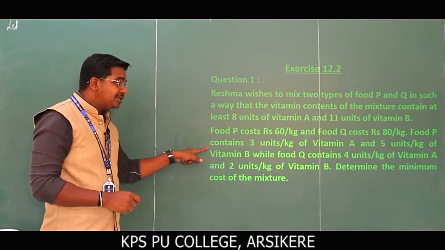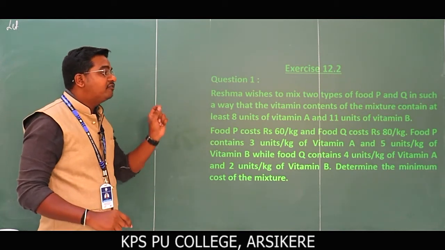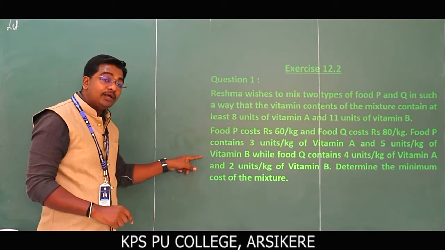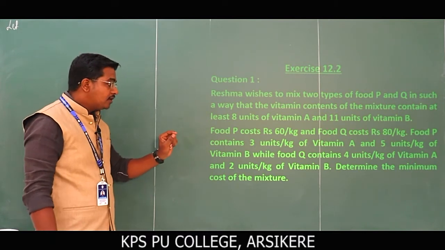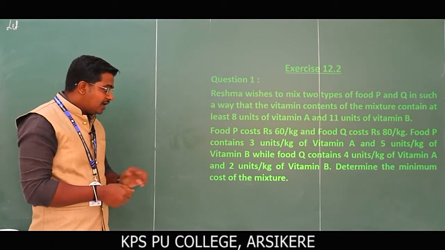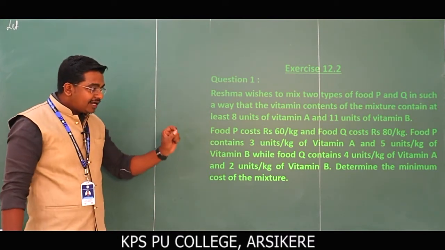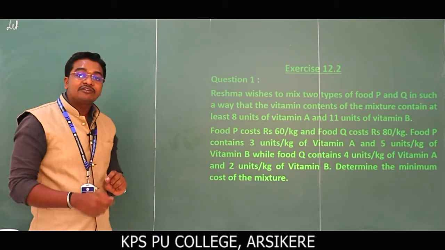Food P contains 3 units per kg of vitamin A and 5 units per kg of vitamin B. Food Q contains 4 units per kg of vitamin A and 2 units per kg of vitamin B. So determine the minimum cost of the mixture.